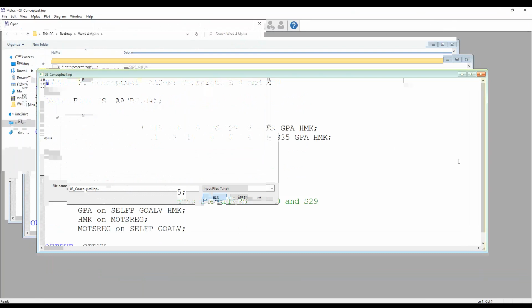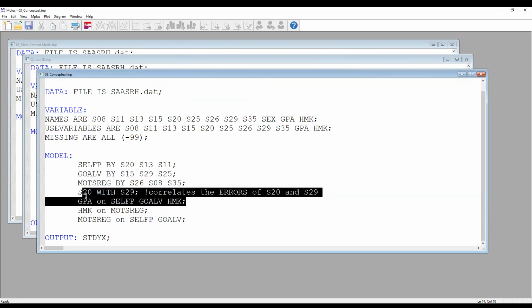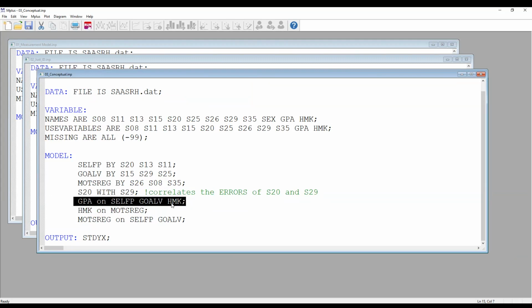Okay, so you can see in the conceptual model, homework is only regressed on motivation, self-regulation because we got rid of the paths from goal evaluation and self-perceptions to homework. And you can see that GPA is regressed on self-perceptions, goal evaluation, and homework, but there's no direct path from motivation to GPA, right? So those are the 3 paths we just checked and confirmed.